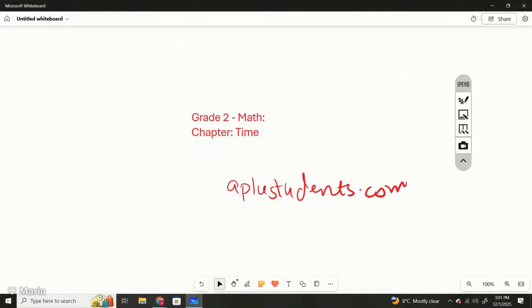You have to log in there using your email address and password as provided by the administrator. Then you have to select math from the subject tab. Scroll down to grade 2 math and then click on view all lessons. There you can find a list of the chapters. We're going to start with the chapter time.